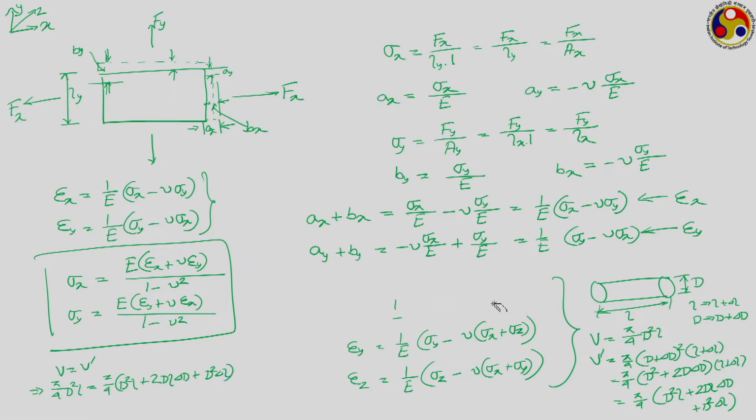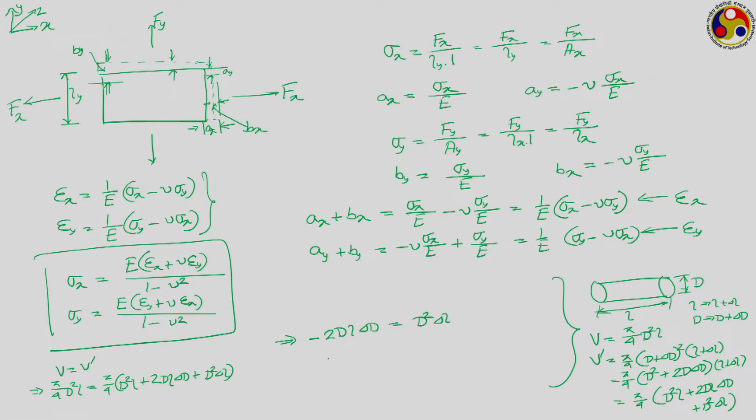Let me erase this now, because this part is done, to make some more space for writing. So, if we simplify this now, we have minus 2 d L delta d equal to d square delta L, and if we write this way, dividing everything by d square L, then we have on this side delta L upon L, and on that side minus delta d upon d.